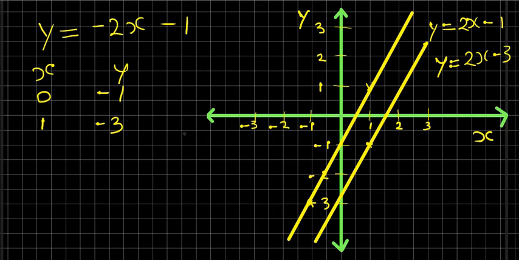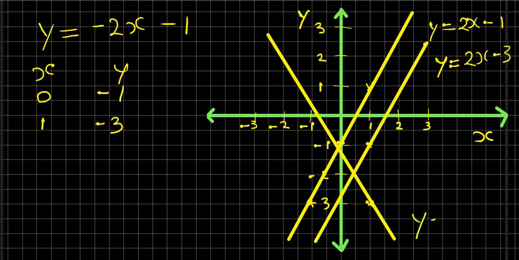When x is 0, y is minus 1. We are here. And when x is 1, y is minus 3. So if we draw it, it would be something like this.